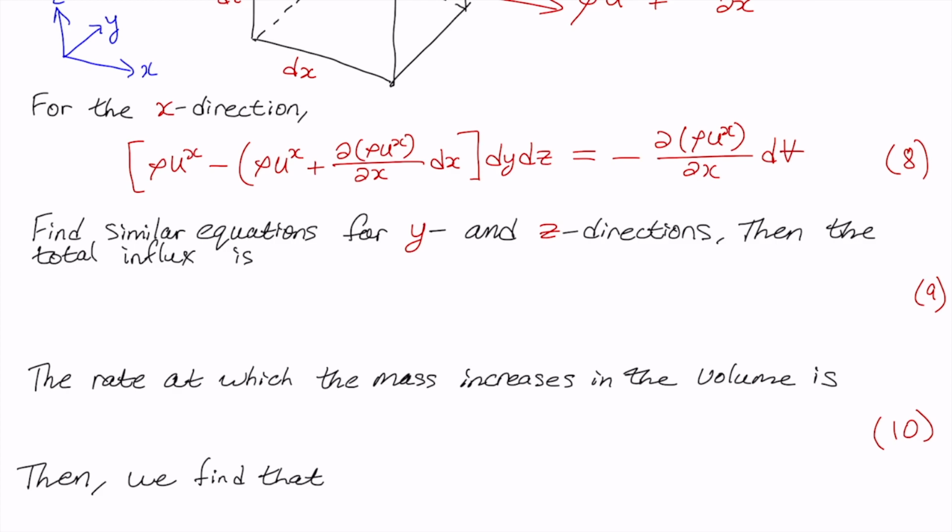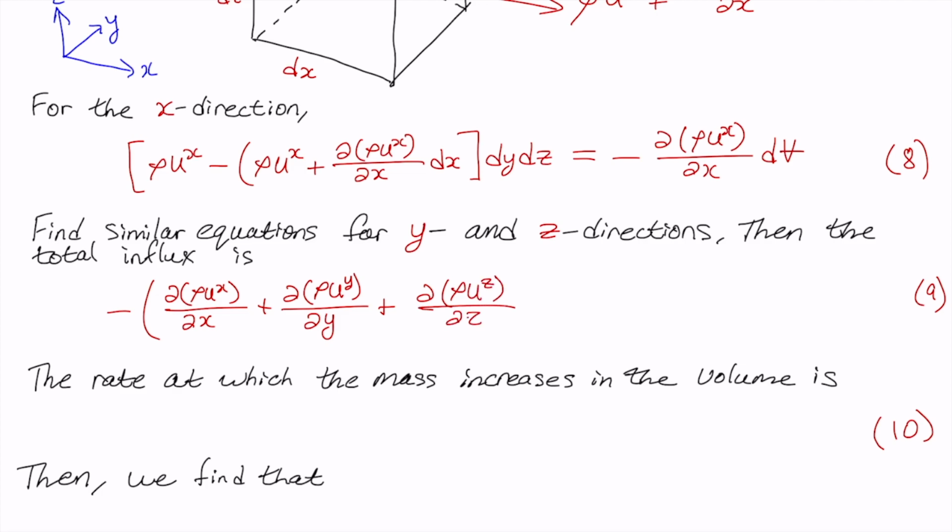We get that the quantity minus parenthesis partial of the quantity rho ux over partial x plus partial rho u superscript y over partial y plus partial rho times uz divided by partial z, all of that times dv, is equal to minus del, which is a vector operator, del dot the quantity rho times the fluid particle velocity u dv.